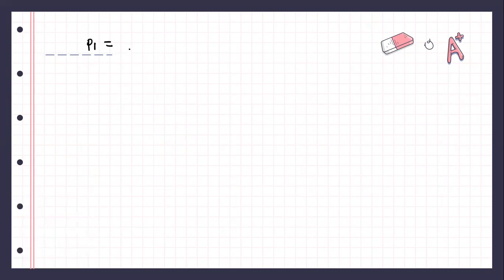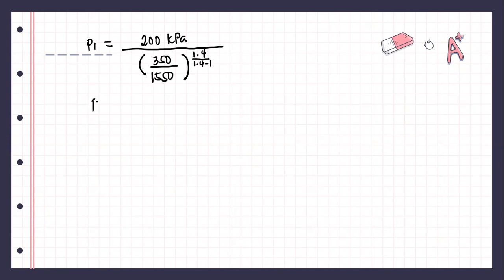P1 is equal to 200 kilopascal divided by 350 over 1,550 raised to 1.4 over 1.4 minus 1. P1 is equal now to 36,555.5 kilopascal.